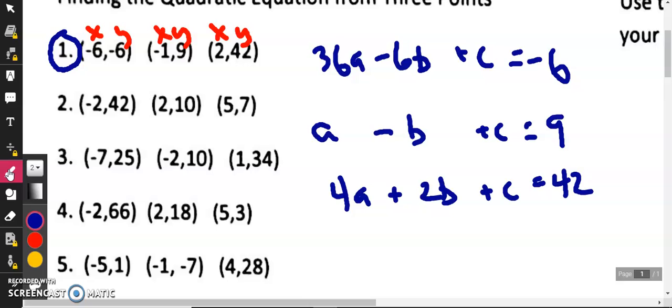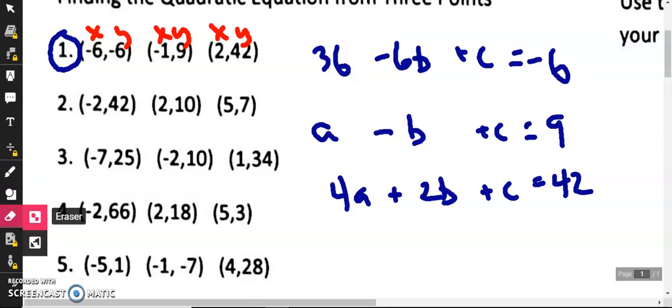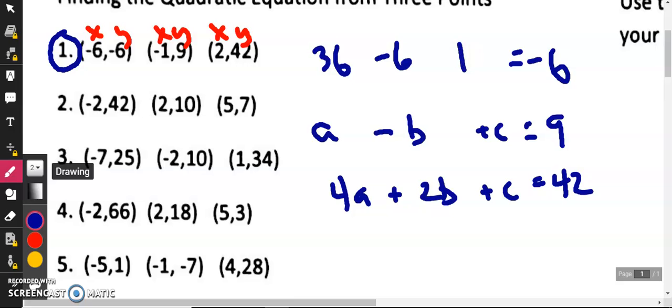So instead of 36a, I just need a 36. Instead of -6b, I just need a -6. And instead of a plus c, since there is no number in front of the c, I'm going to treat that as a 1.